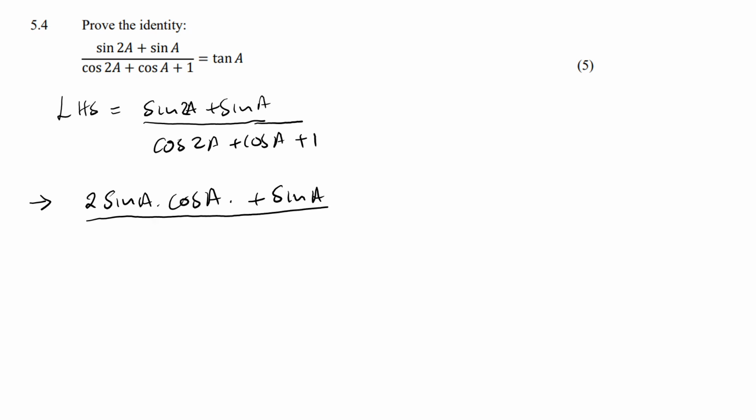Now this is the most complicated part, but if you understand the statement I'm about to make, you will get this right. See this guy, the cos 2a. The identities for cos 2a are the following. The first one is 1 minus 2 sin squared a.